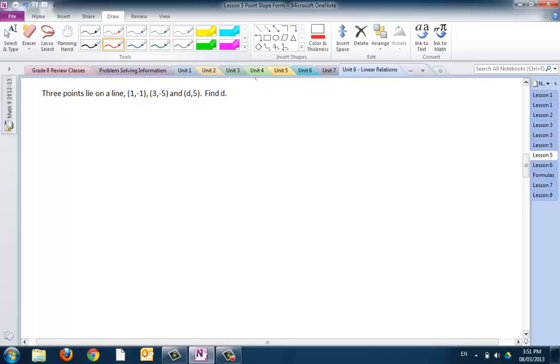So I've got to do a combination here. I'm going to take my usual equation for figuring out a slope, and I'm going to use these 2 points to derive that. So I'll say that's negative 5 minus 1 over 3 minus 1.